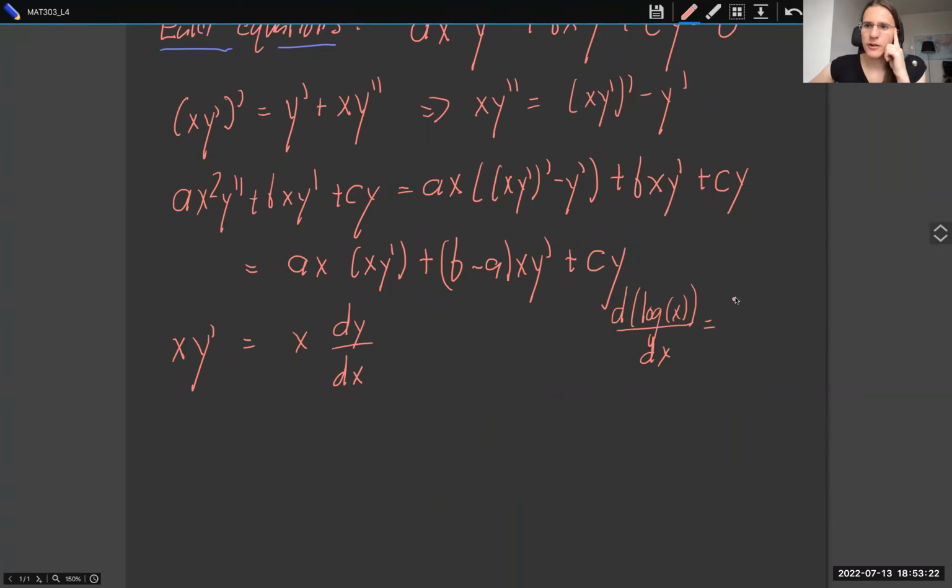What's the derivative of log? 1 over x. Yeah. And so as a consequence, d log x, this totally 100% makes sense, I promise you, it's dx over x, but here we have x over dx. So this is in fact dy over d log x.